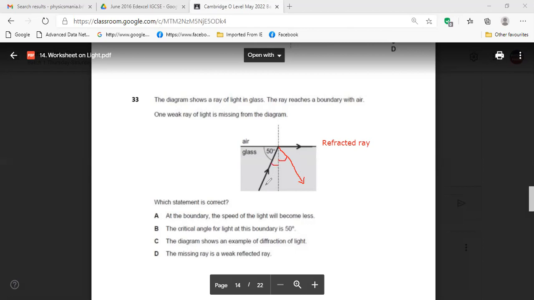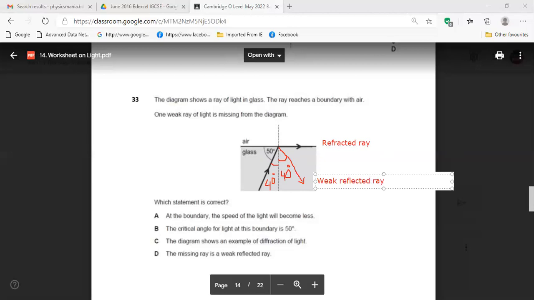So if it is 40 degrees, it will also be 40 degrees. Yes, sir, it will also be 40 degrees according to the law of reflection. So here we are writing it, weak reflected ray.